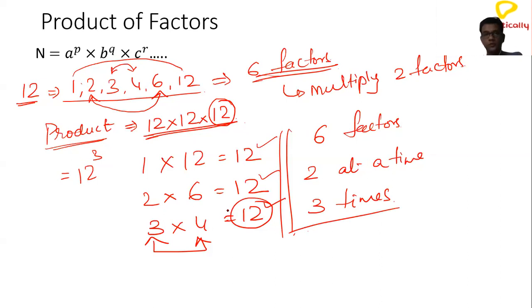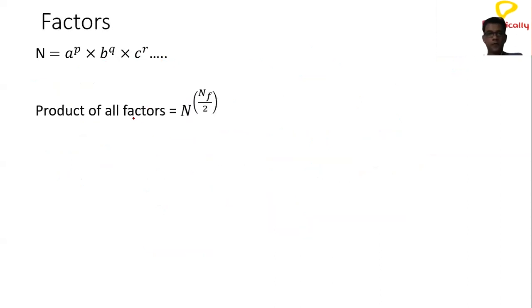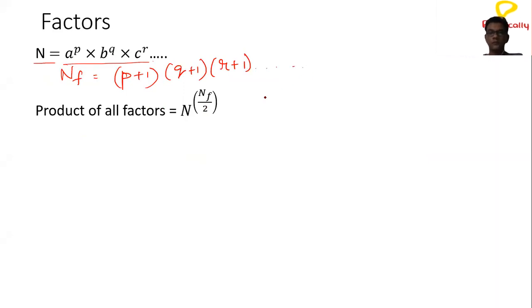So all I have to do is write the number in the same format that we wrote. Find the number of factors, which is, let's say, (p plus 1) into (q plus 1) into (r plus 1). Divide my number of factors by 2. When I divide that by 2, that many times that number will come to me.